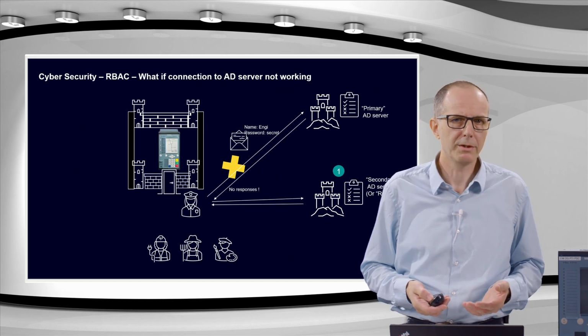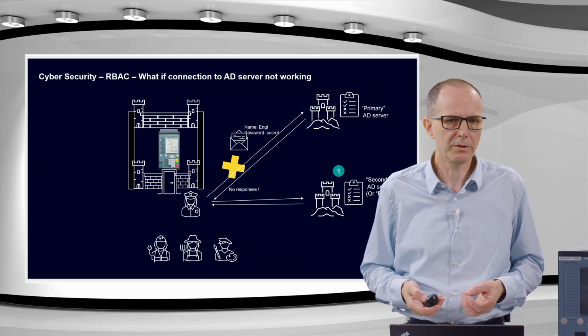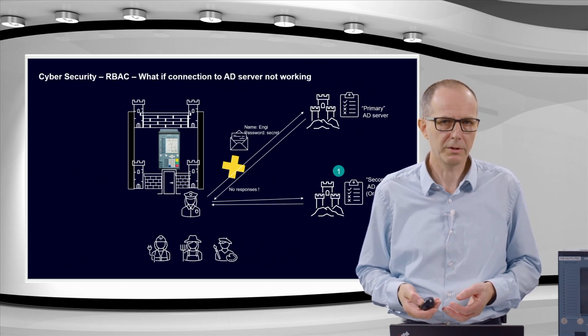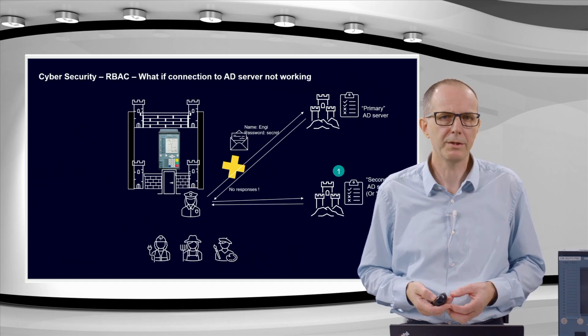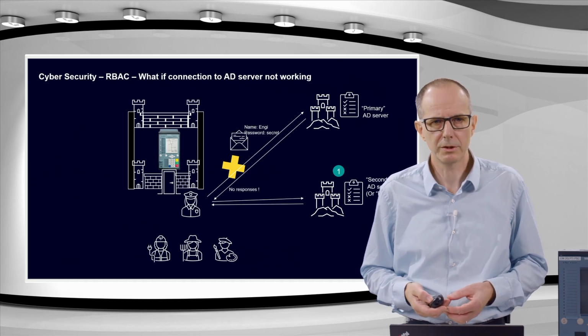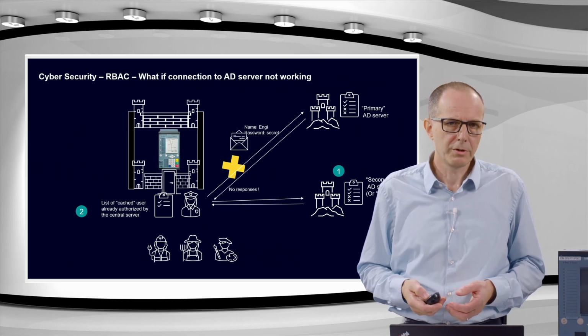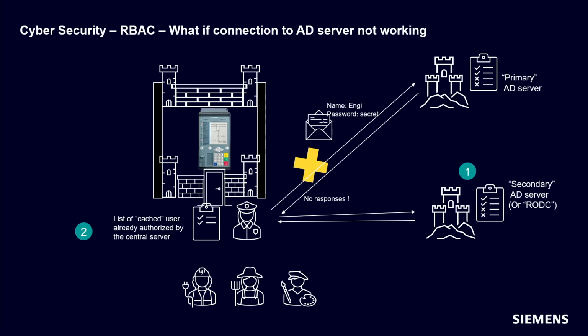Most of the time, it is good practice to have a so-called RODC, or read-only domain controller, a regular copy of the maintained user list inside the substation. Second measure is that your device can cache the already logged-in users when the LDAP server is available. And the third, last measure is to set an emergency user with all the permissions.